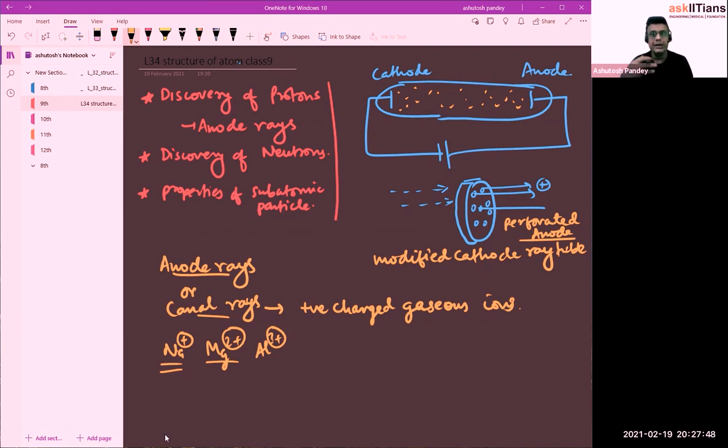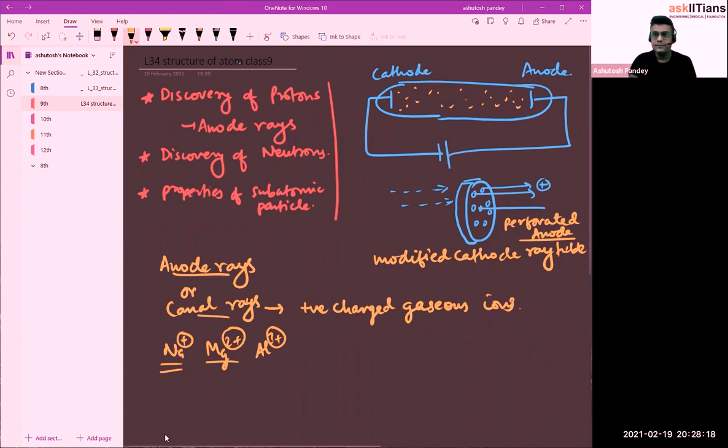Here, in the case of protons, these positively charged particles behave just opposite to that. That's why the behavior of these anode rays is totally opposite to that of cathode rays, and we say that anode rays comprise positively charged ions.